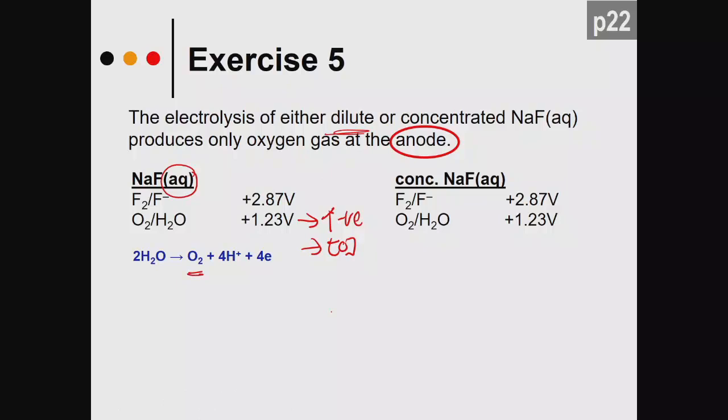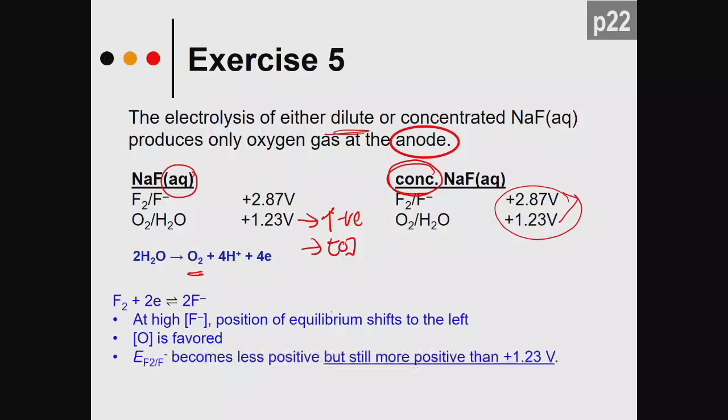But now, for concentrated solution, I also need to explain why oxygen is produced. Take note, recall, the concentration factor will only come into effect if the E naught values of these two are very close. But now the E naught values of these two are very far apart.